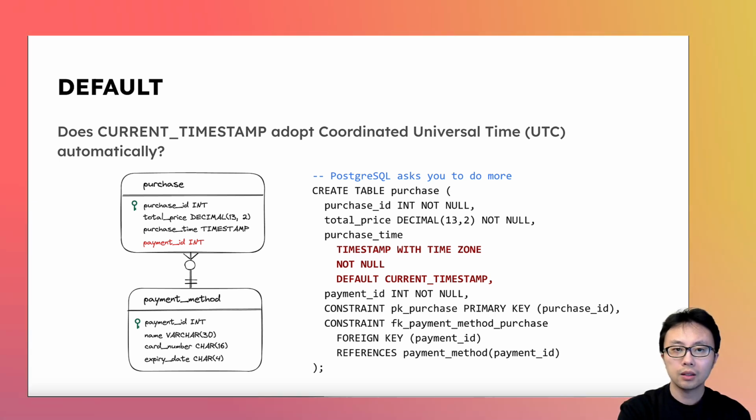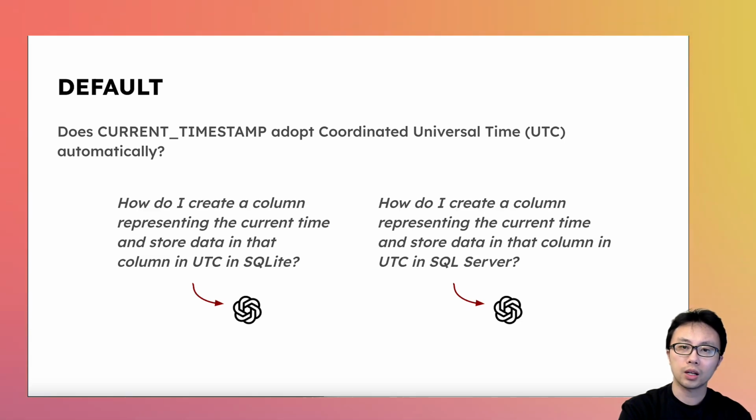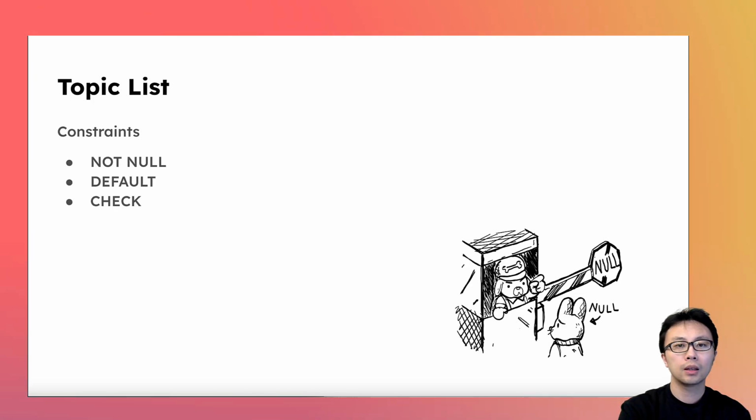By doing that, the default current timestamp will do the job as is intended. How to create a column representing the current timestamp and support time zone conversion is one of those things that you want to double-check by talking to a generative AI tool, and further look things up in the menu of the corresponding database system. That's everything about the default constraint.